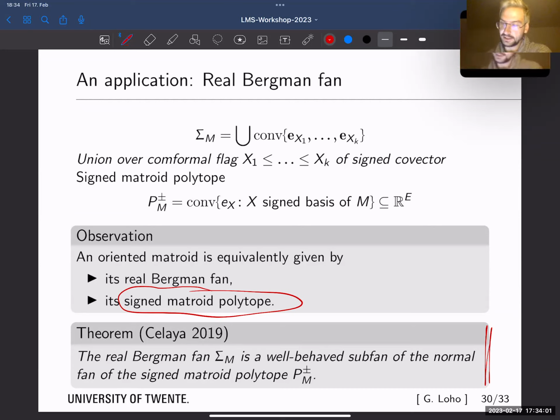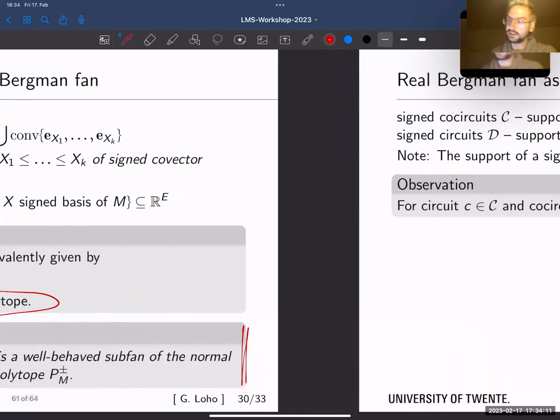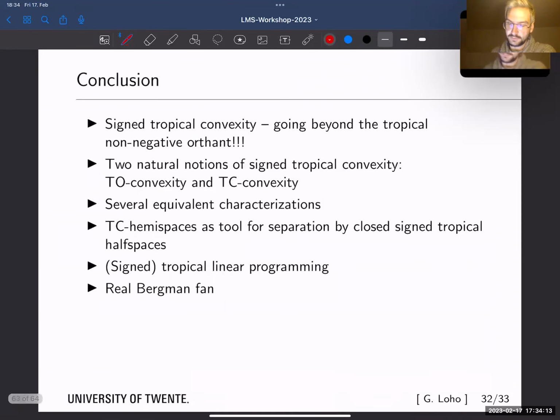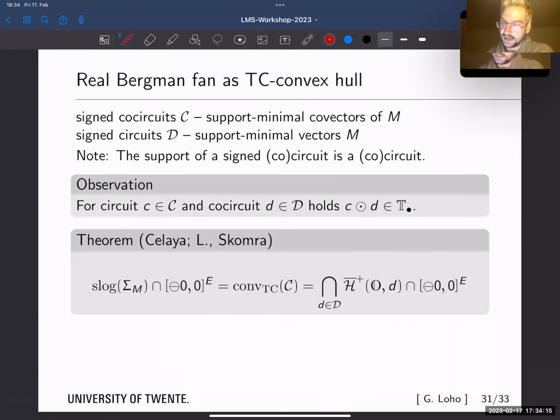Actually, as I said, observing that this left sum is essentially the quantitative version of composition of oriented matroids, we can write down a similar structure theorem.